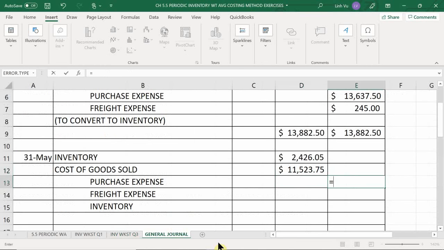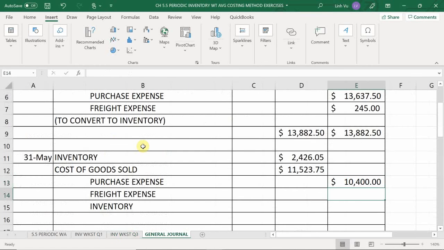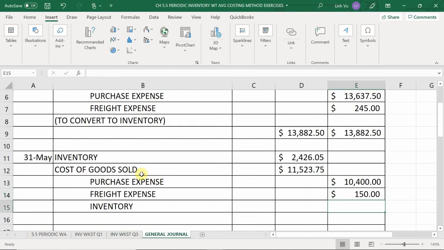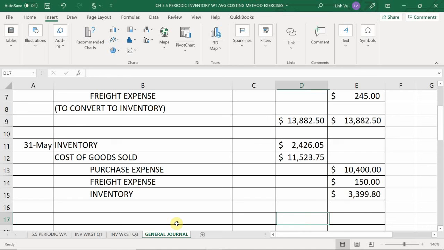11,523.75. Good. What was my total purchase price? 10,400. And what was my total freight? 150. And what was my beginning balance? 3,399.80. Okay.